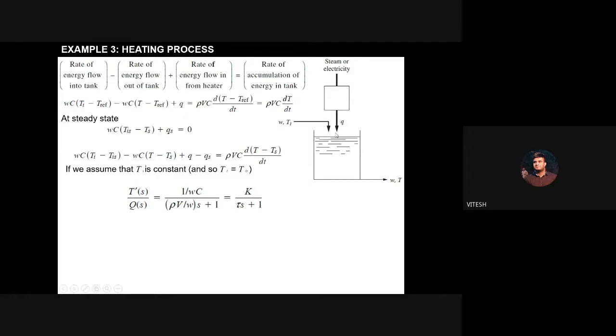Now, before going into the model part, you have to know what is the unit of specific heat.